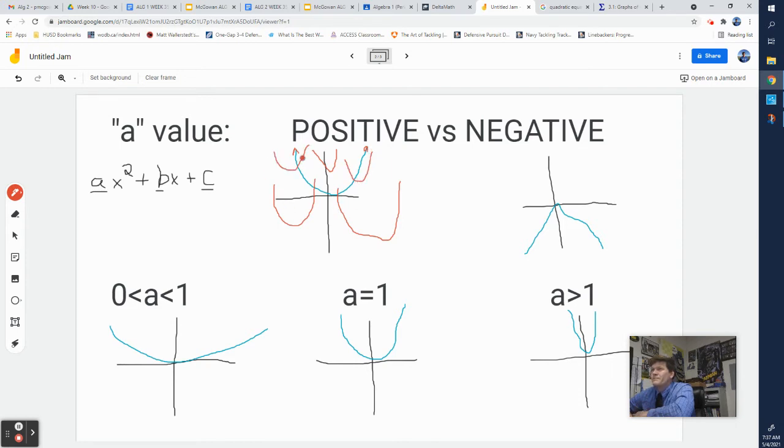You know what I mean? Positive goes up. Negative, the exact opposite. The end points of the graph are going down. So it's like a backwards U going down.